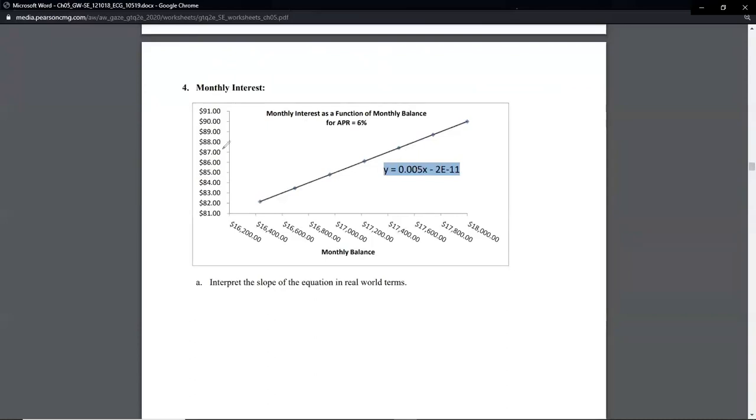So this isn't well labeled. It does say monthly interest here, so that's implied, but I would prefer that somewhere this says interest along that y-axis. And again, it is labeled here, so that's good enough, but if you want to be thorough, I'd label it here too.